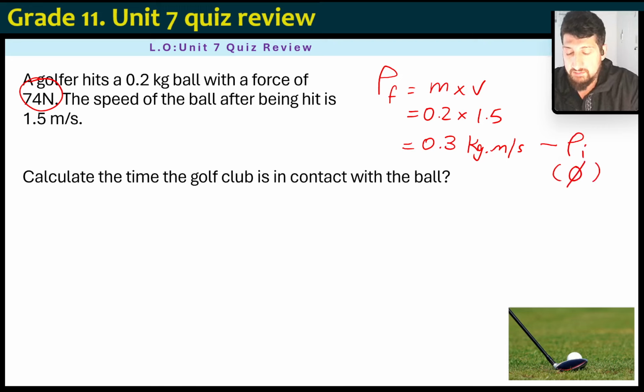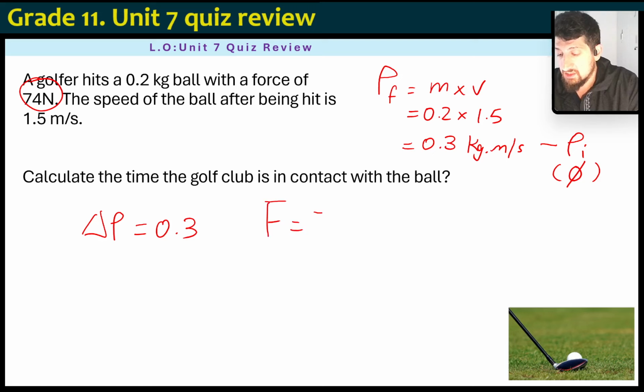So it's just the same, 0.3. Now that I know the change in momentum is 0.3, and I know that the force equals 74 newtons, I can work out what the time is going to be, because remember my other formula, change in momentum equals force multiplied by change in time.